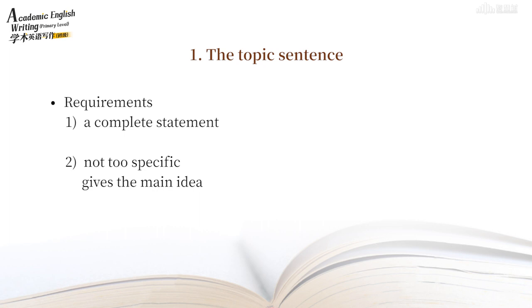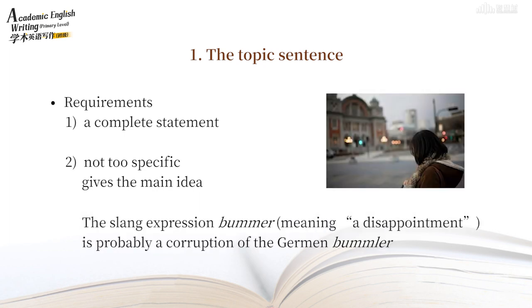For example, "The slang expression 'bummer,' meaning a disappointment, is probably a corruption of the German 'Bummler'" is too specific for a topic sentence because it includes too much information about the topic, and it is difficult for you to develop it further.